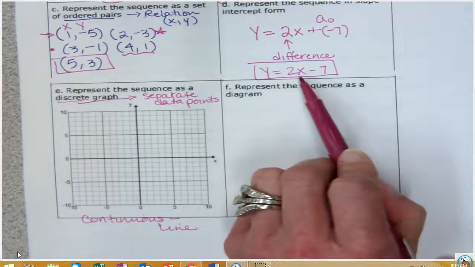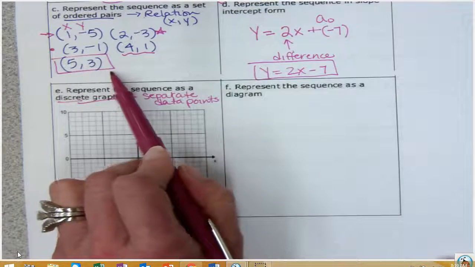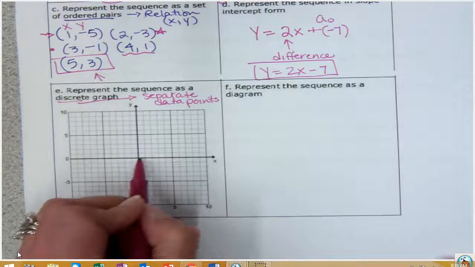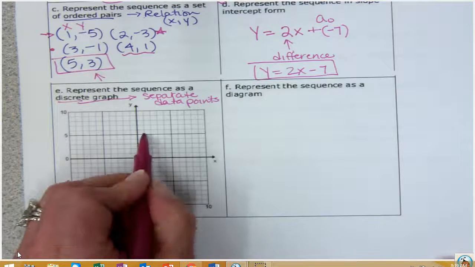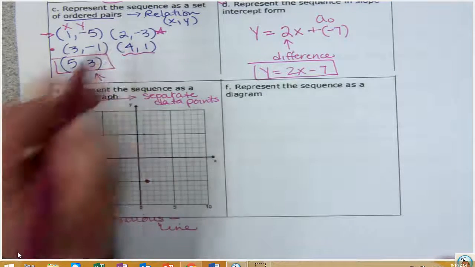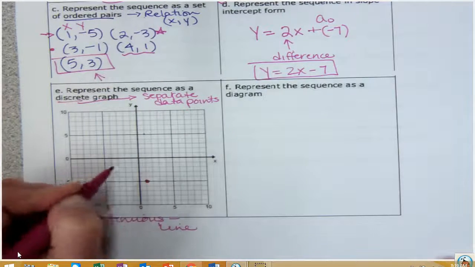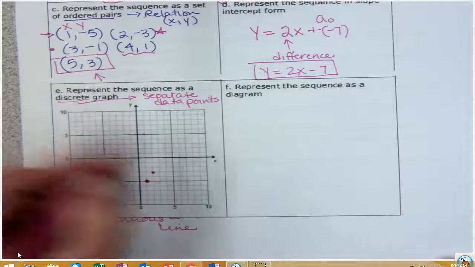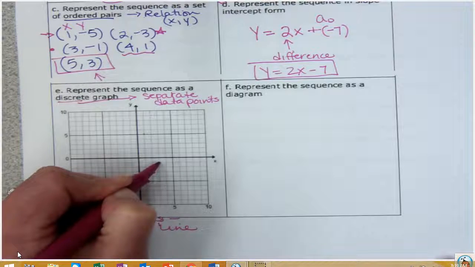So if we're going to graph these points, we would do X is 1, Y is negative 5. X is 2, Y is negative 3. X is 3, Y is negative 1.